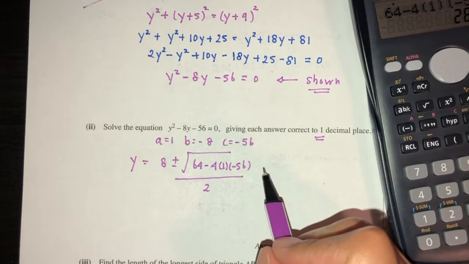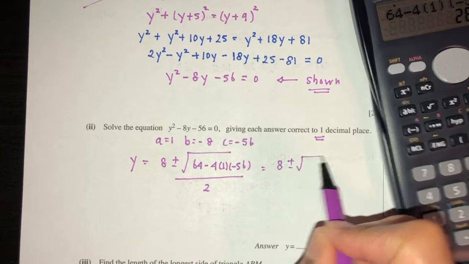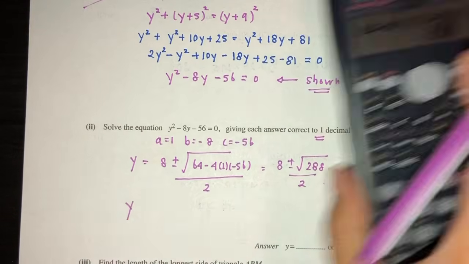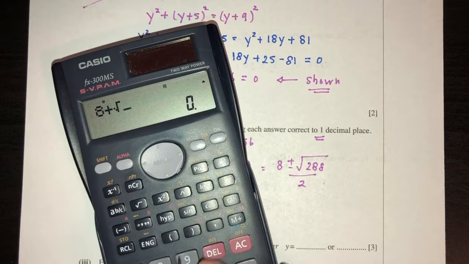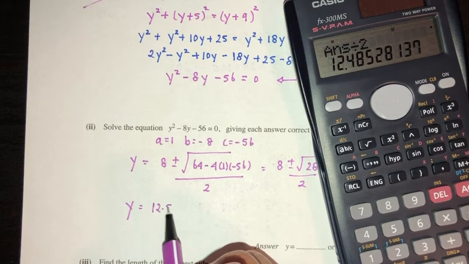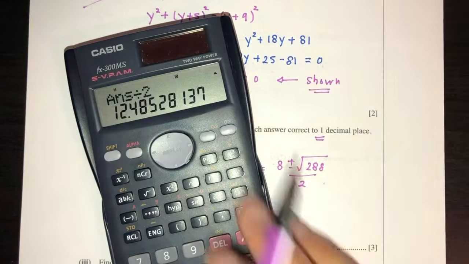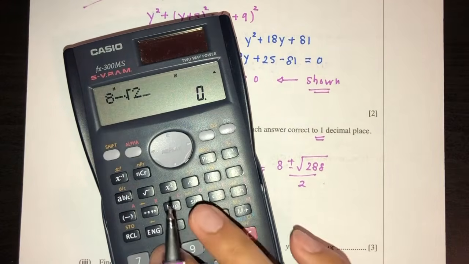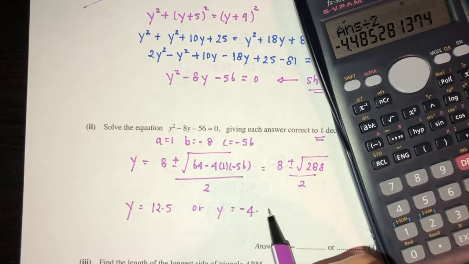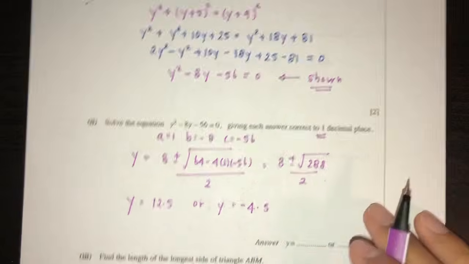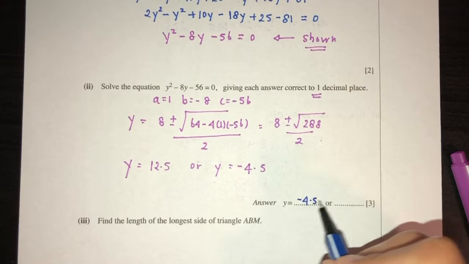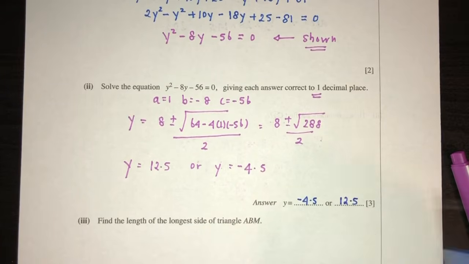That will be 8 plus or minus root of 288, divided by 2. So 8 plus root of 288 divided by 2 will be 12.5, or 8 minus root of 288 divided by 2 will be minus 4.5. So for part 2, these two values: minus 4.5, or 12.5.